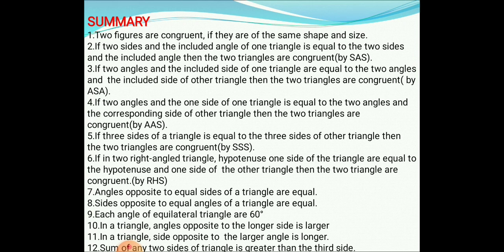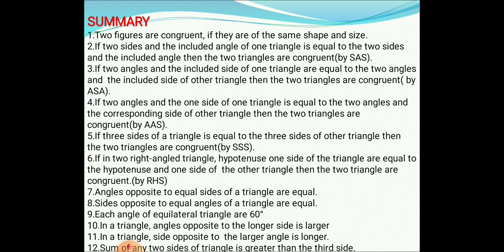Sixth is, if in two right triangles the hypotenuse and one side of one triangle are equal to the hypotenuse and one side of the other triangle, then the two triangles are congruent by RHS criteria.